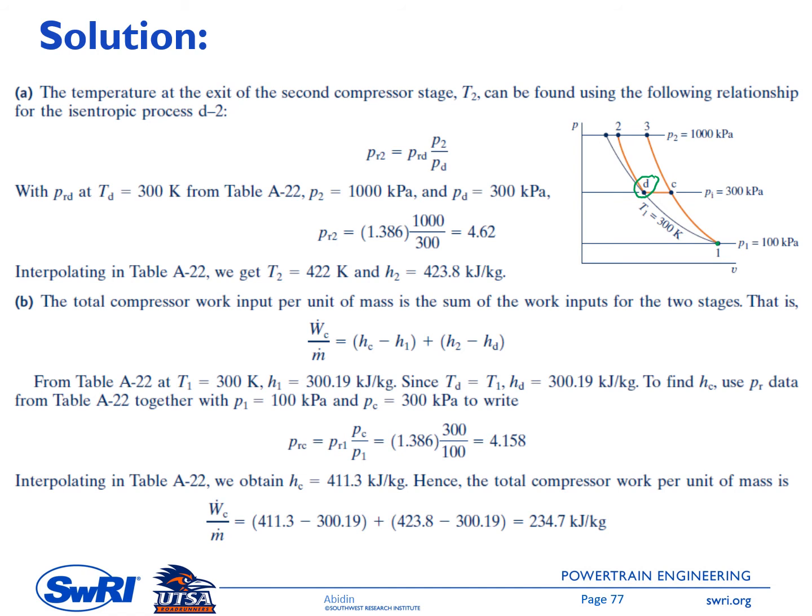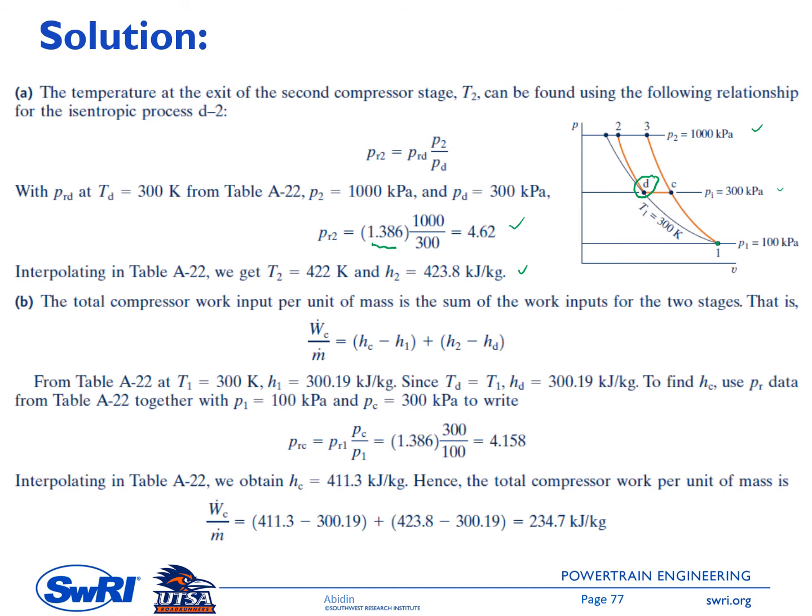We know that P2 over PD is 1000 over 300 kilopascal, and PRD is 1.386, so PR2 here is 4.62, and then using table A22 you will get T2 is 422 and H2 is 423.8 kilojoule per kilogram.